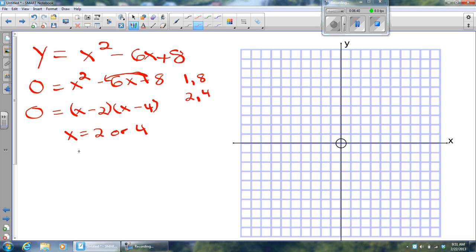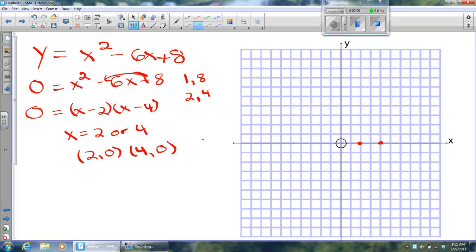Okay, so our points are going to be 2, 0 and 4, 0. And these are our roots. So we're going to graph them over here. We're going to go positive 2, 0 and positive 4, 0.